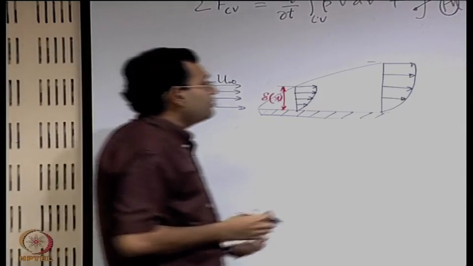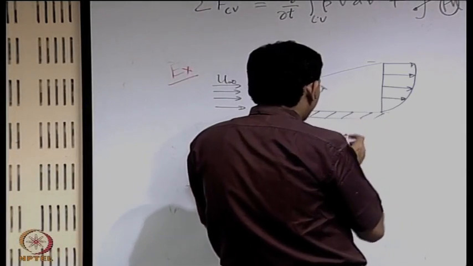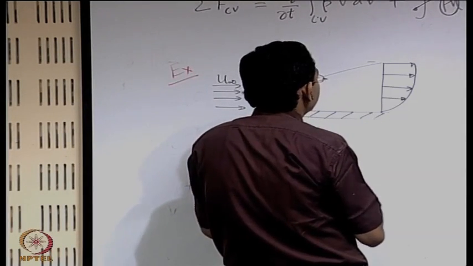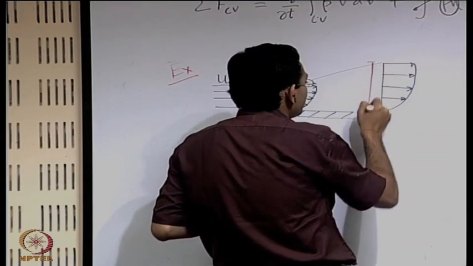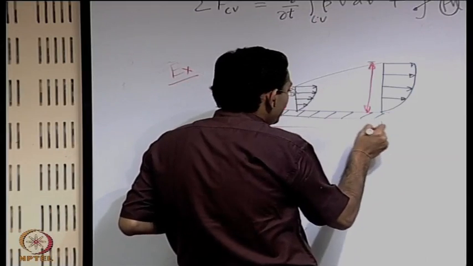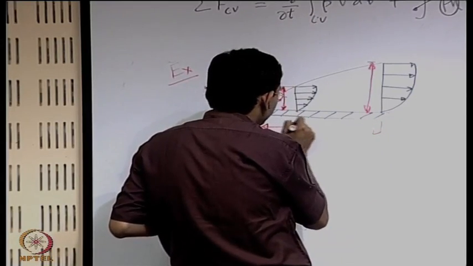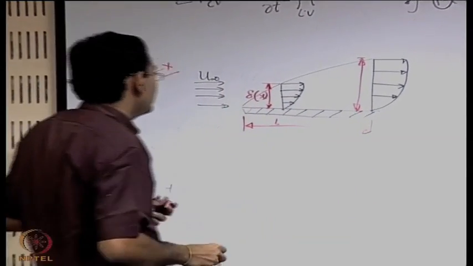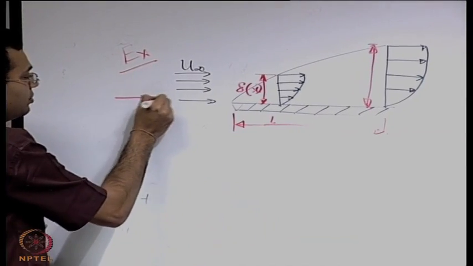So here, the value of this delta is the boundary layer thickness at this location where x is L. So the x axis is oriented along the free stream direction.